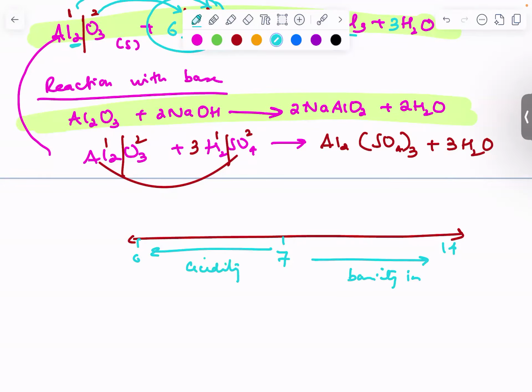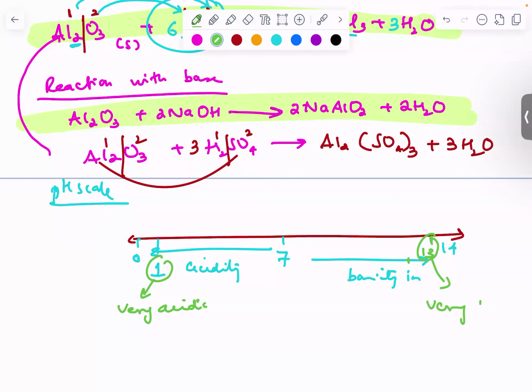When something has a pH of 1, it means it is very acidic. In case of a base, if something has a pH of 13, we are going to call it very basic or alkaline.